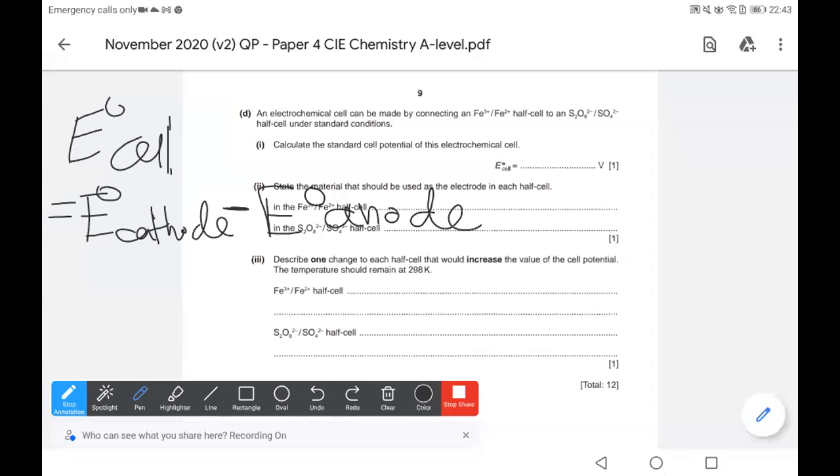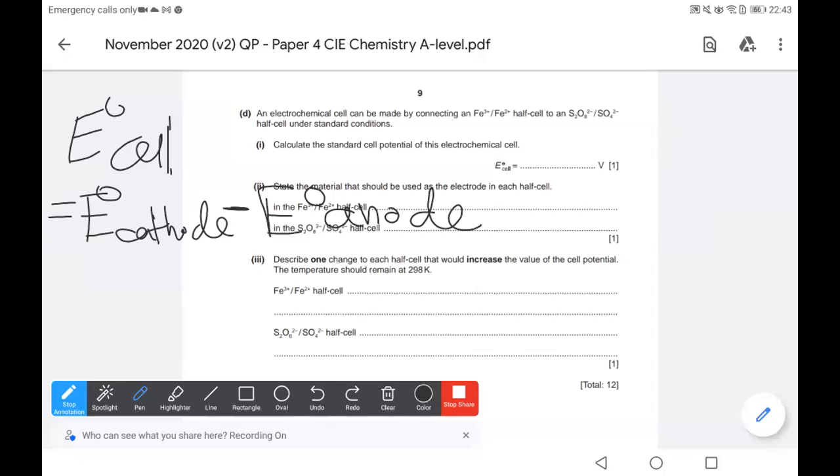Describe one change to each half cell that would increase the value of the cell potential. If you increase the concentration, the cell potential will be increased for sure.